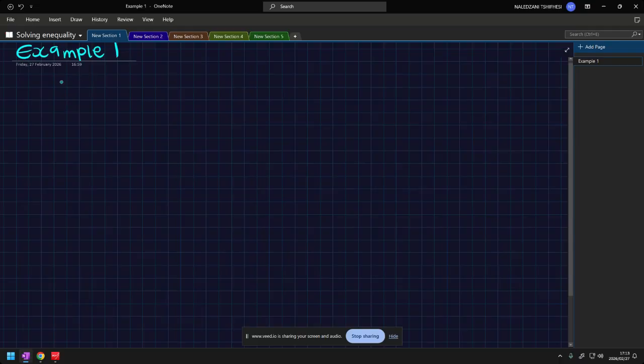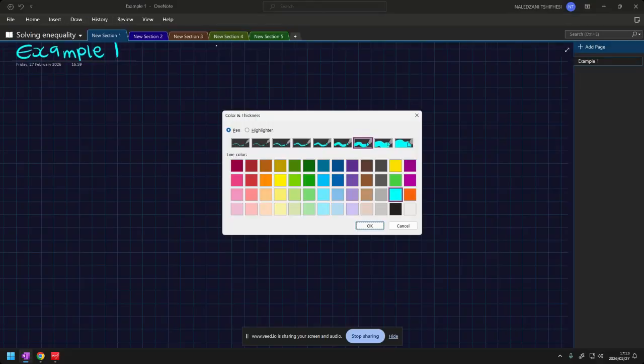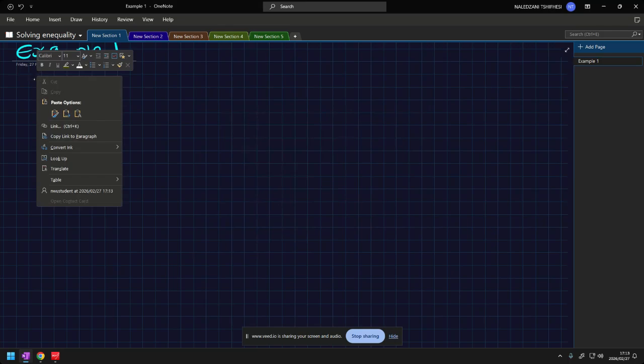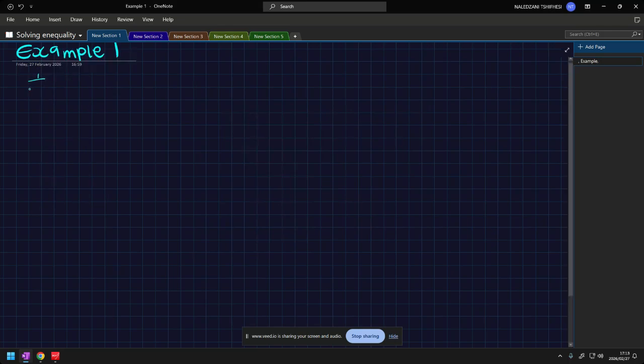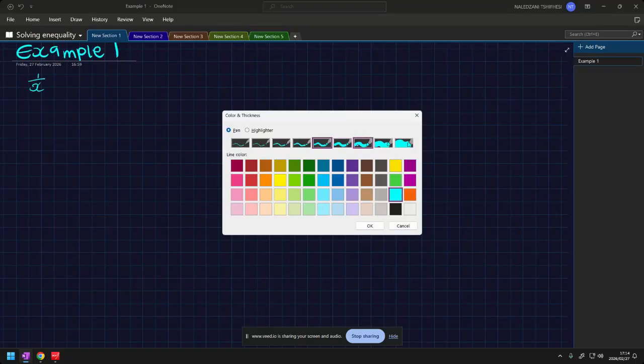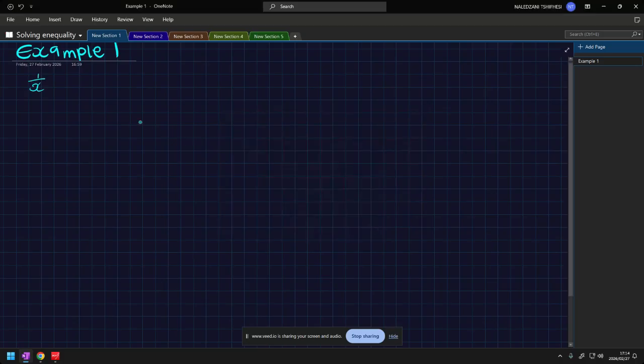So we have that inequality of 1 over x minus 1 is less than 2, right?